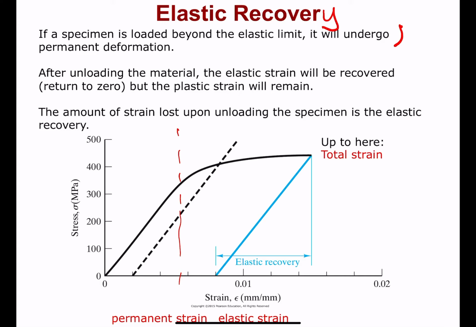Okay, so we saw that a moment ago. So here, as we return to no load, we're climbing down, dropping the force on the object. And of course, there's going to be some strain recovery. The strain recovery here that takes you to the x intercept, that is the elastic recovery.